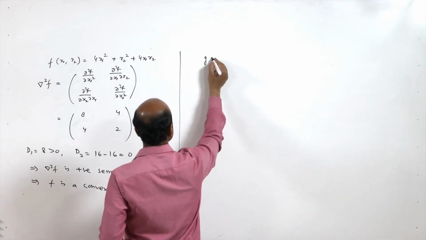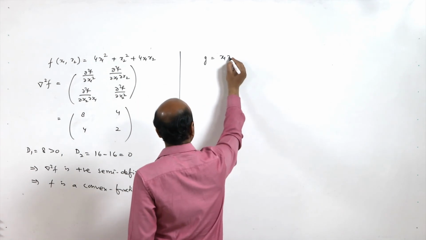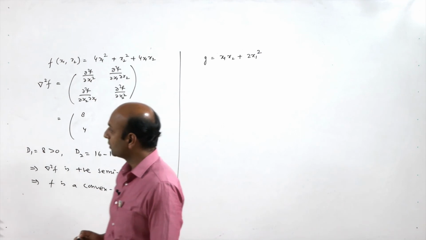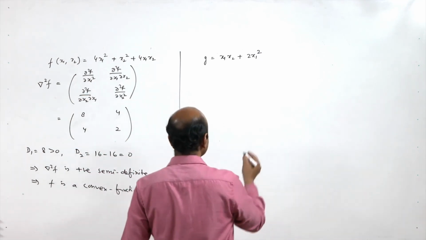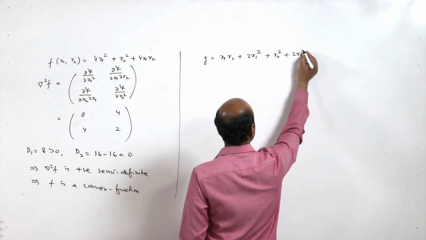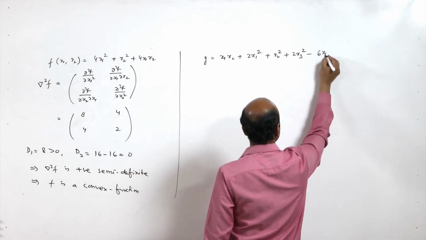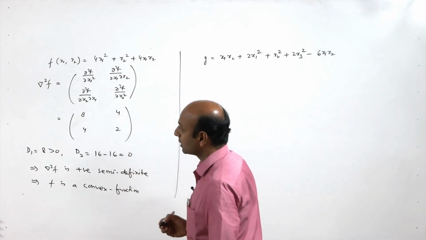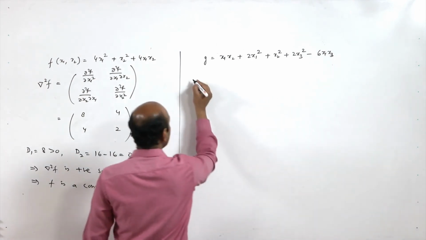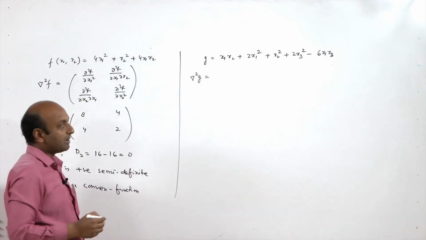Suppose the second problem is G, which is x1 x2 plus 2 x1 square plus x2 square plus 2 x3 square minus 6 x1 x2, 6 x1 x3, okay. Now, if you calculate the Hessian matrix of G, what will it be?